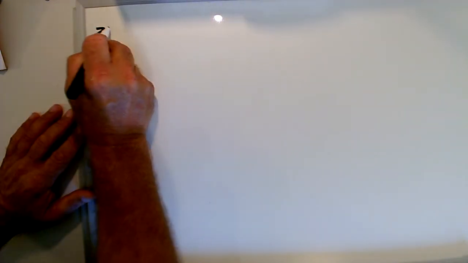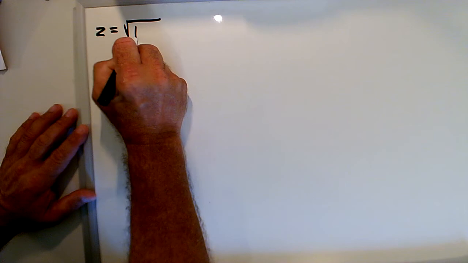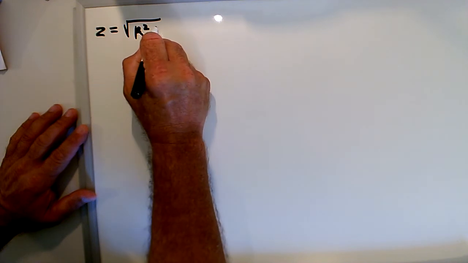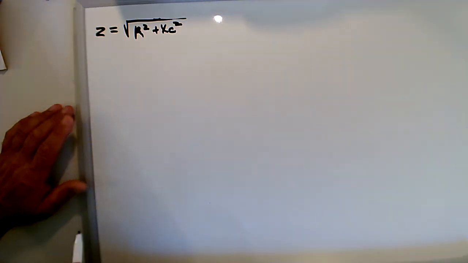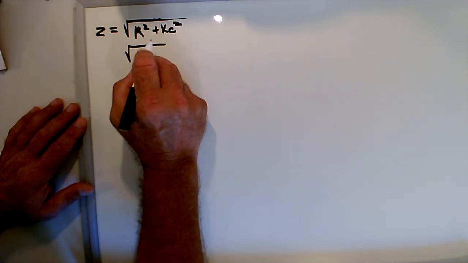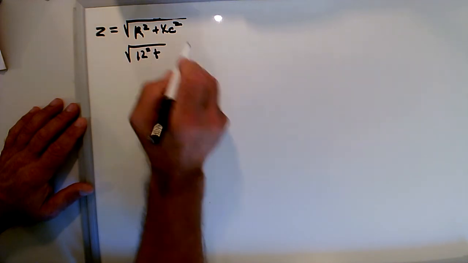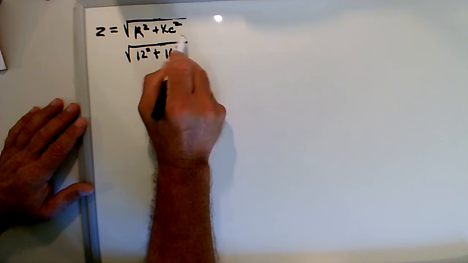Z is equal to the square root of R squared plus XC squared. And in this case, I've got the square root of 12 squared plus 16 squared.